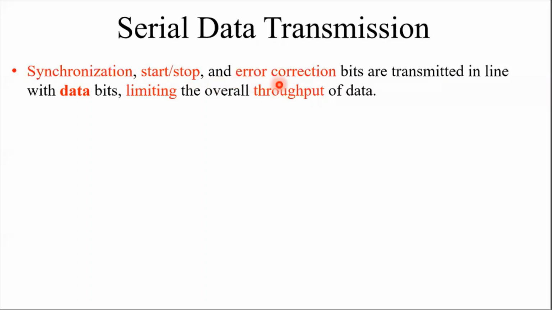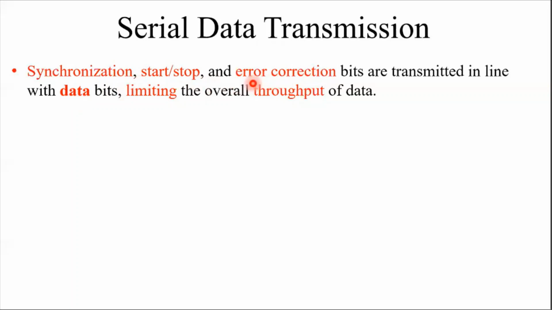So these error correction bits are used to make sure that there is no error or corruption of data during the transmission. With the help of this error correction bit, which is embedded with the data, when the receiver receives, it will recalculate its own error correction and then compare it with the error correction that is embedded with the data in the frame.